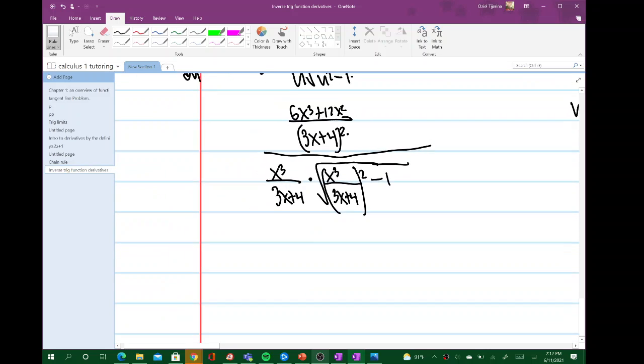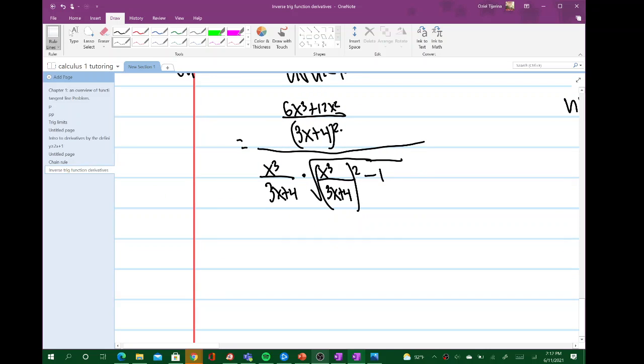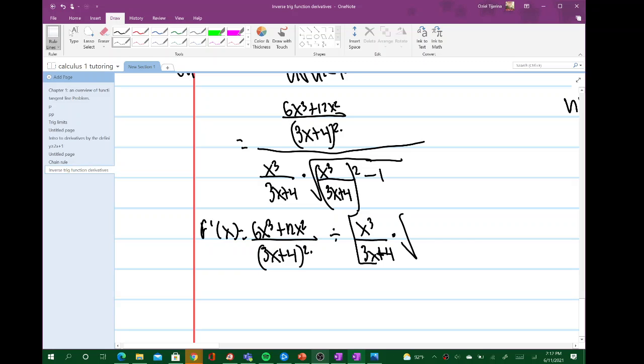Now this is going to simplify to, so we're going to have f prime of x is equal to 6x cubed plus 12x squared over 3x plus 4 quantity squared divided by x cubed over 3x plus 4 times the square root of x cubed over 3x plus 4 quantity squared minus 1.